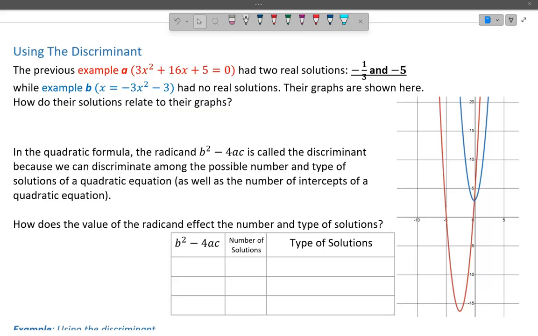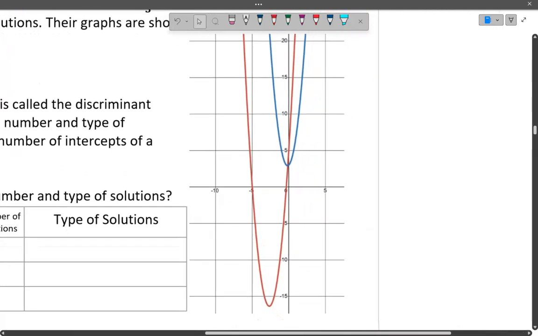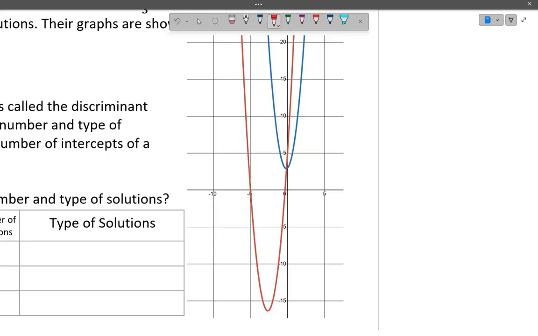I want you to think about the solutions to the two quadratics that we had there and how those solutions appear on the graph of the quadratic and how they relate. So when we take a look at the red graph and we consider that we had solutions of negative 5 and negative 1/3, what we can notice is that our x-intercepts appear at those points.